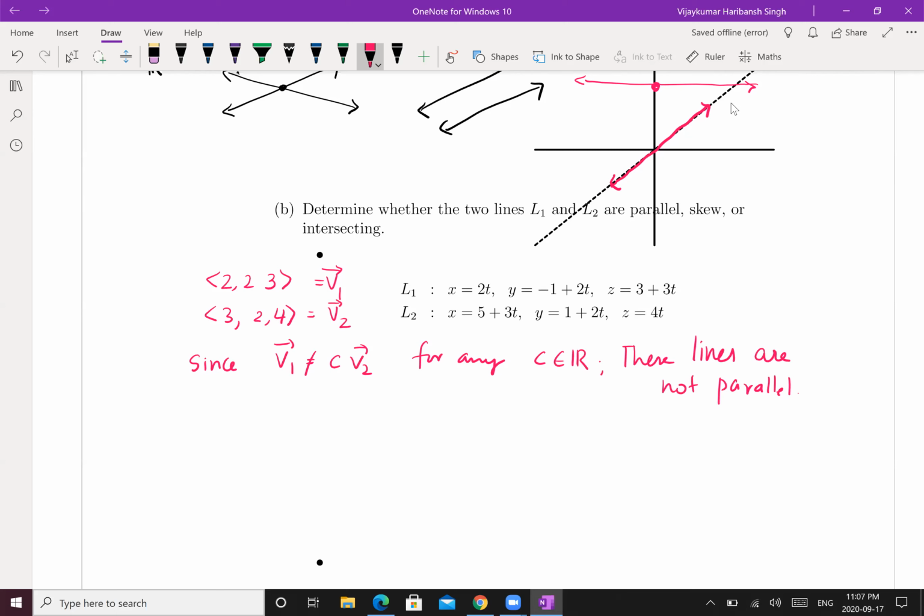Okay, not parallel. Next, we check if they intersect. Think about t as time.